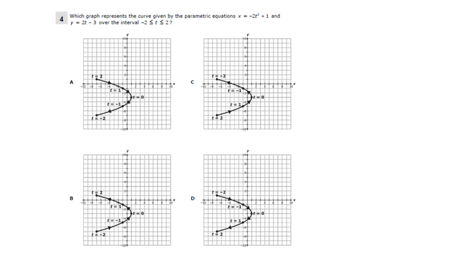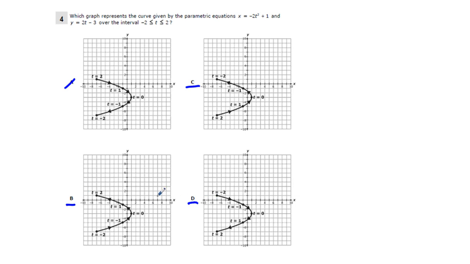We got to go from negative to positive. So here the arrows are going in the wrong direction. A cannot be right. Okay, B, we're going from negative 2 to 2, so that could possibly be it. C, again, like choice A, we're going in the wrong direction. We got to go from lower to higher in time.